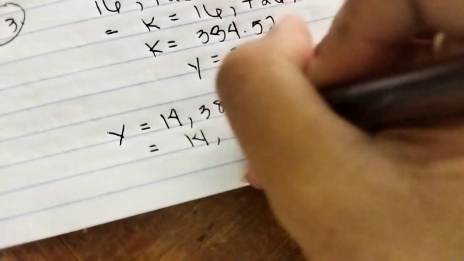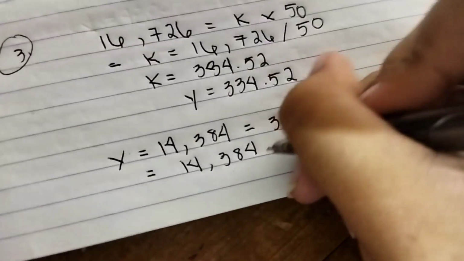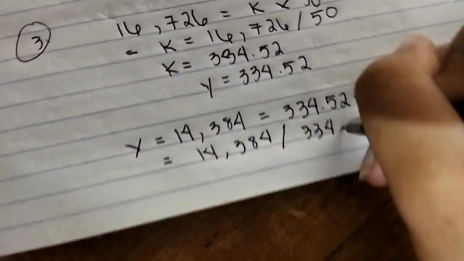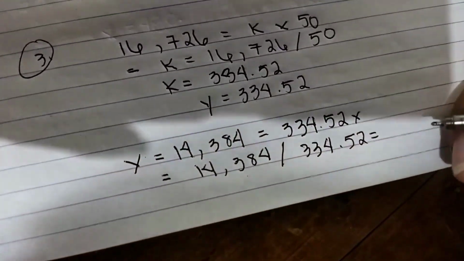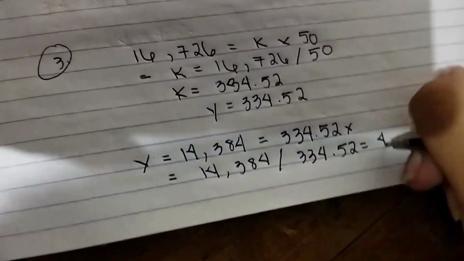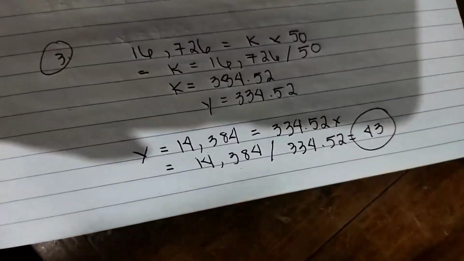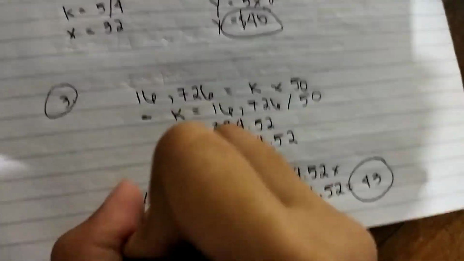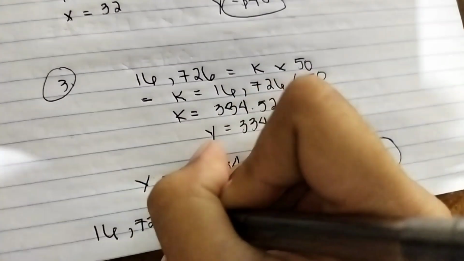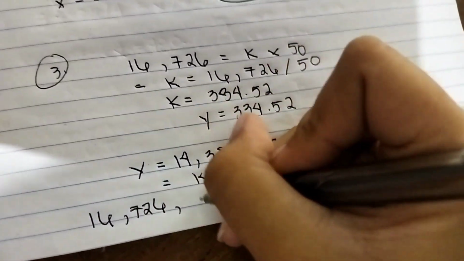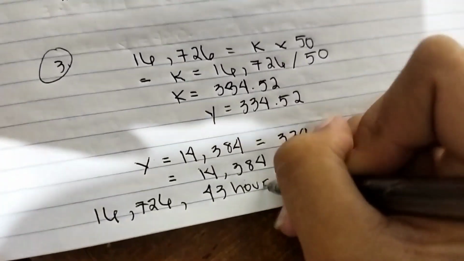So, 14,384 divided by 334.52, we get 43. Therefore, if Henry got 14,384, he worked for 43 hours.